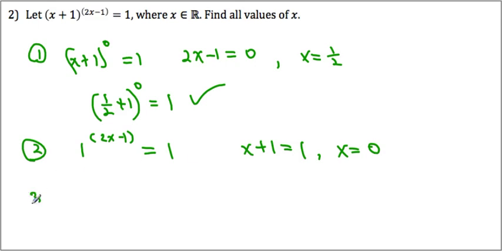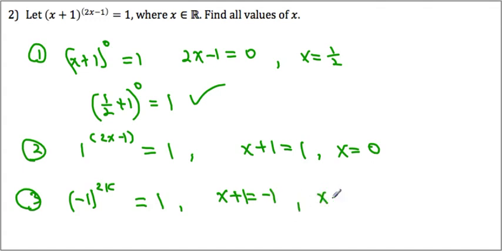Now, third, if we have negative 1 to some sort of an even exponent, let me just call it 2k, that also will be equal to 1. So that means x plus 1 has to be equal to negative 1.